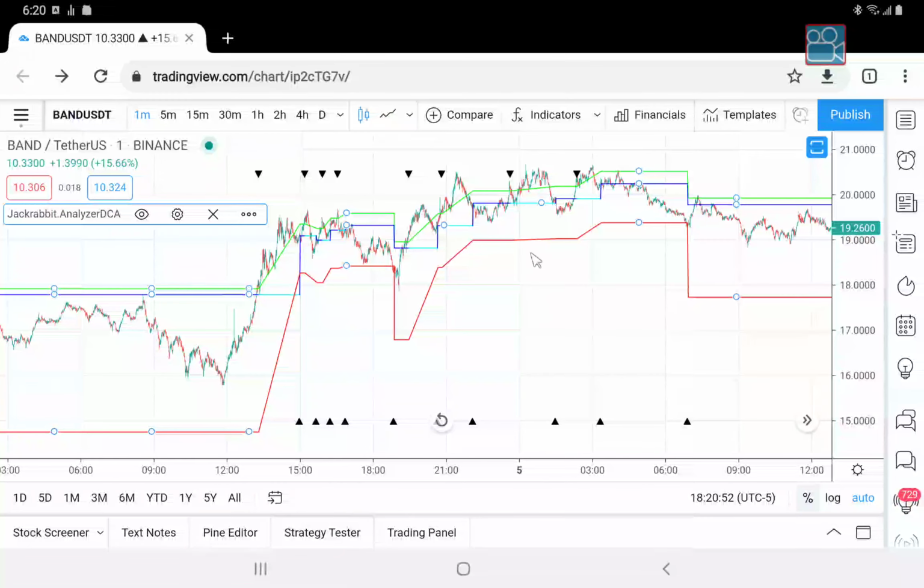And as you can see, as we go back in time, you'll see the fluctuations between a deviation and a take profit. And you'll see the fluctuations between the average and the deviation. Excuse me, the average and the take profit. I got that backwards here. So between the average and the take profit, you'll see one set of numbers, and between the average and the deviation, you'll see another.